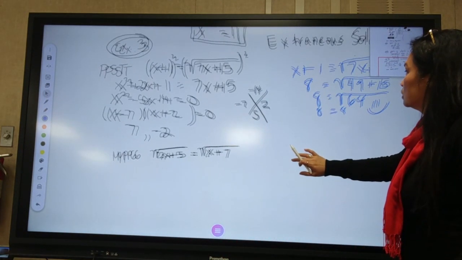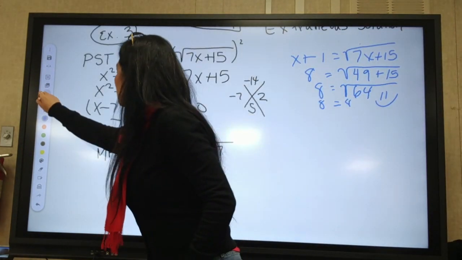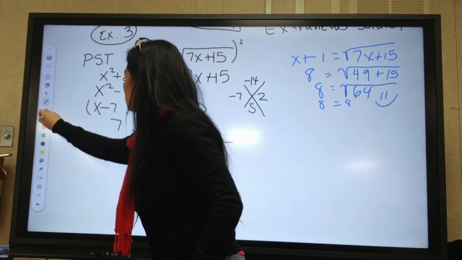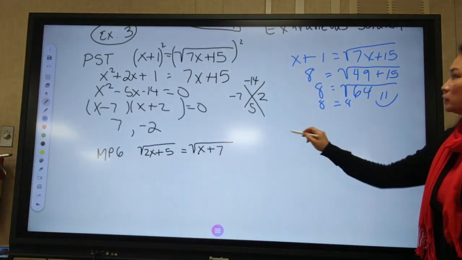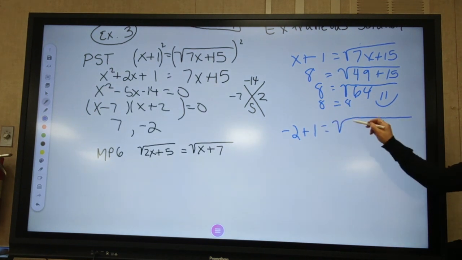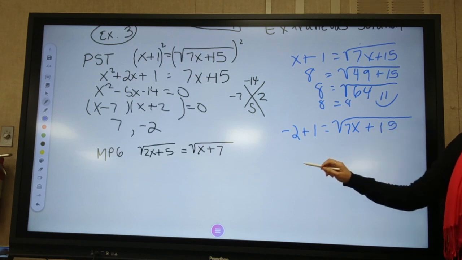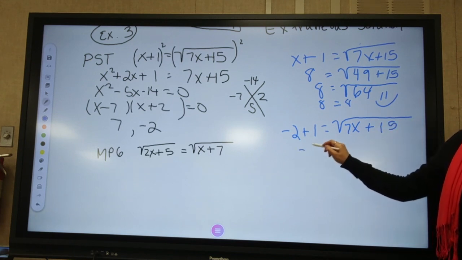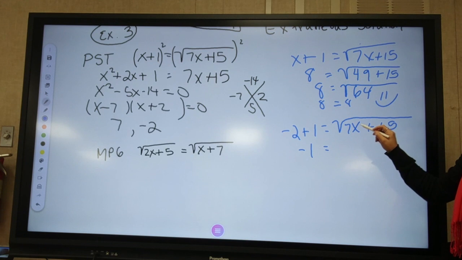-2. -2 plus 1 equals radical 7x plus 15. -2 plus 1 is? -1. And I was supposed to put in a -2 there.